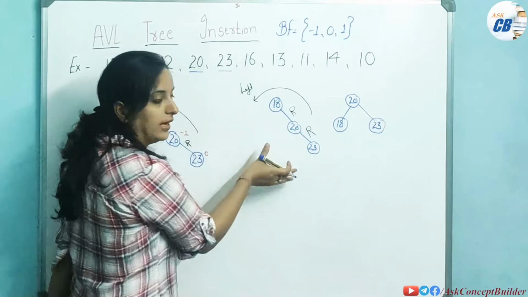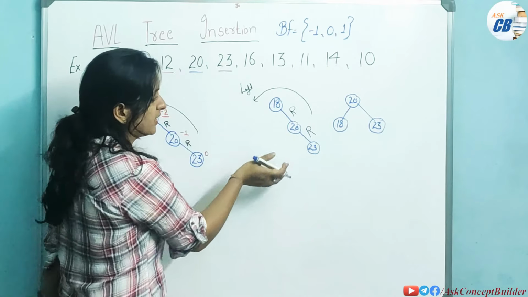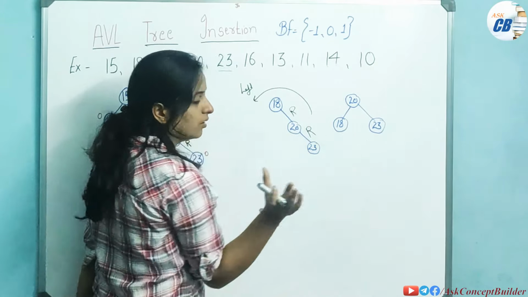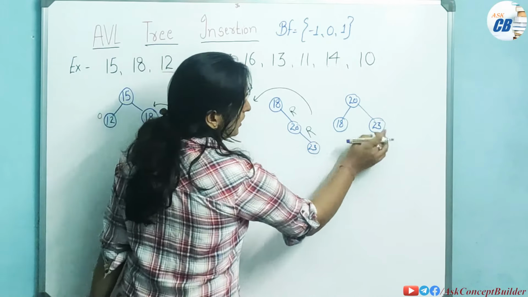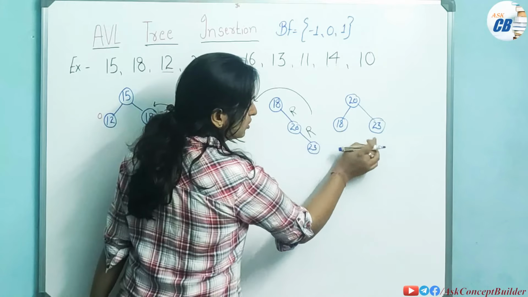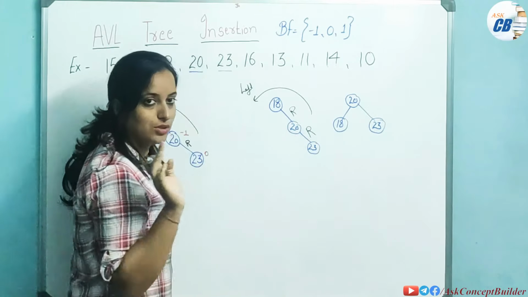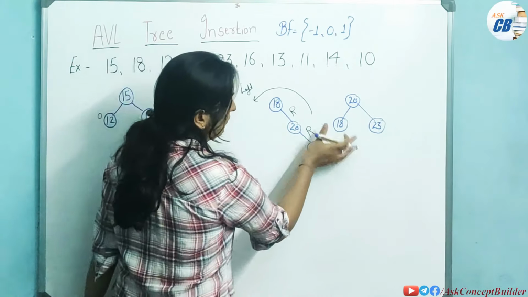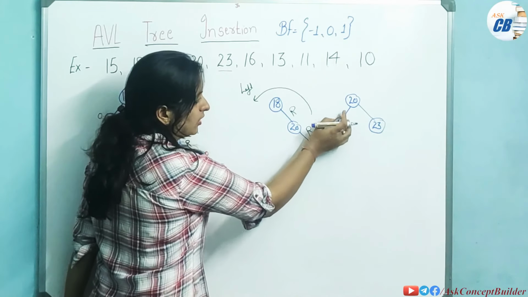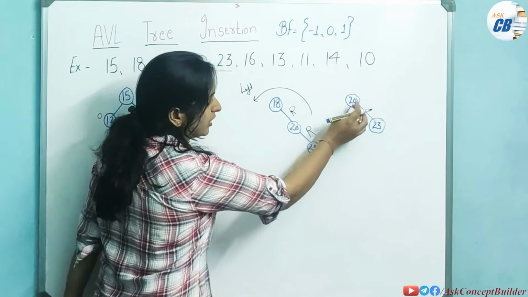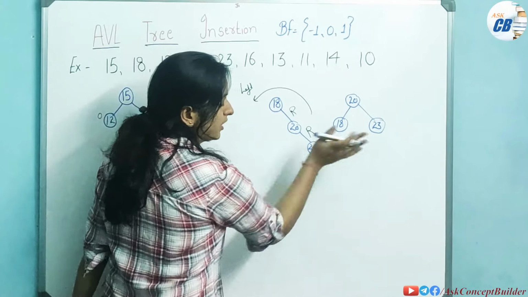This was all left rotation, we have already discussed. After rotation these three nodes will become like this, and now you know that this is balanced, because this is 0, 0 and the balance factor for this is also 0. One more time you have to check: 18 is less than 20 and 23 is greater than 20, so this is correct.